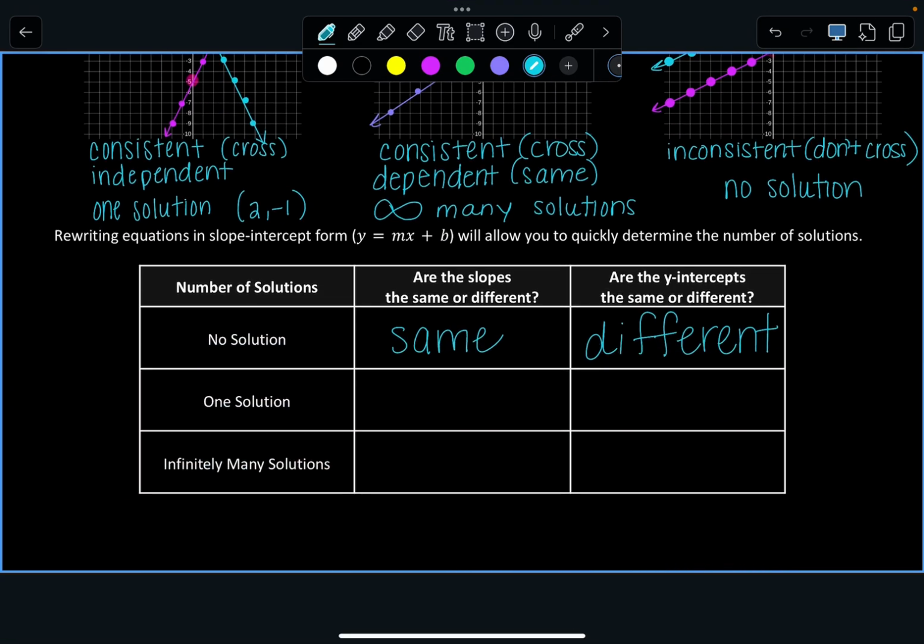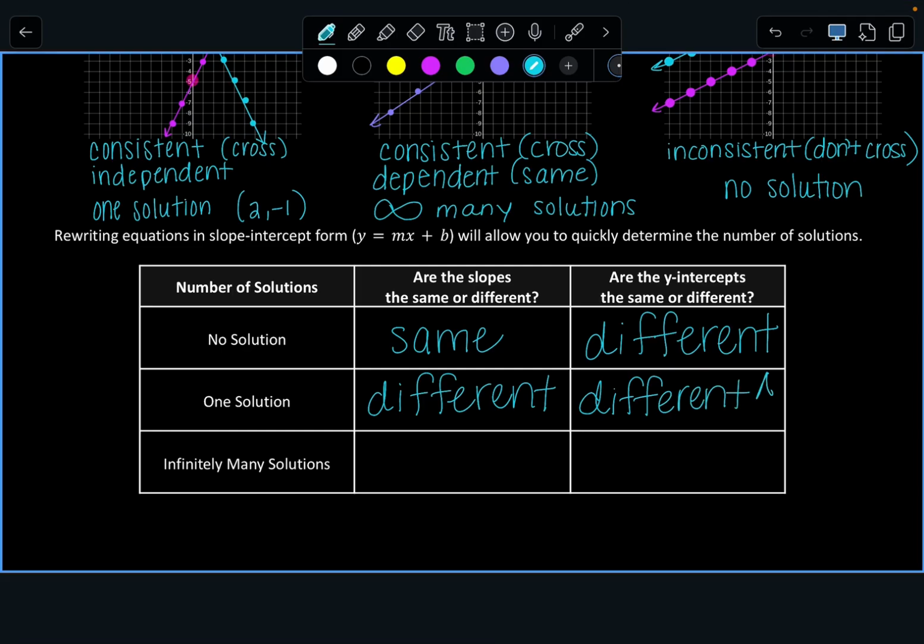So if you've got different slopes, it doesn't matter if you have the same y-intercept, but as long as they're different slopes, you're going to have one solution. They're going to cross eventually. I am going to put different for the y-intercept, but that doesn't have to be true for the y-intercept.